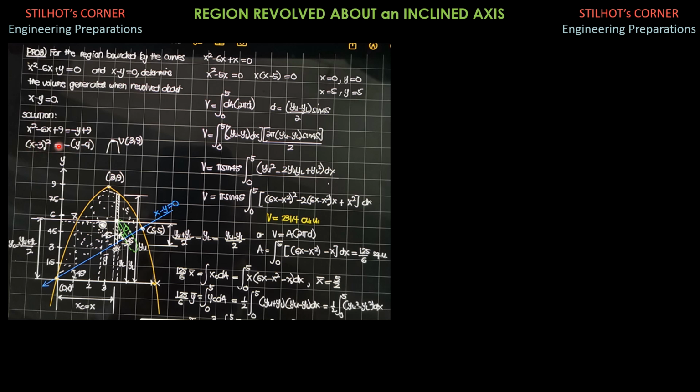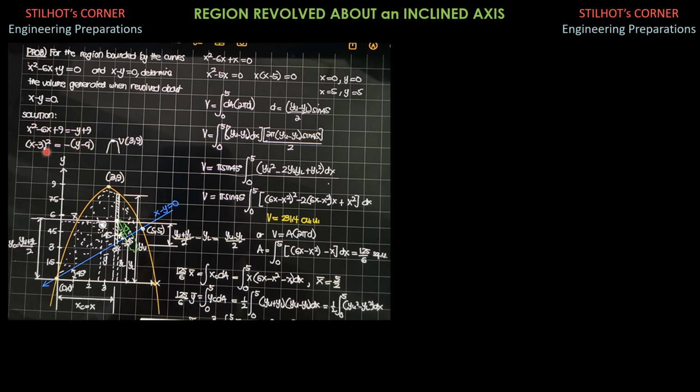It is open downward because the sign in the right side is negative. So it is a parabola open downward. With vertex, the standard equation of a parabola is quantity x minus h squared equals plus minus latus rectum times quantity y minus k.